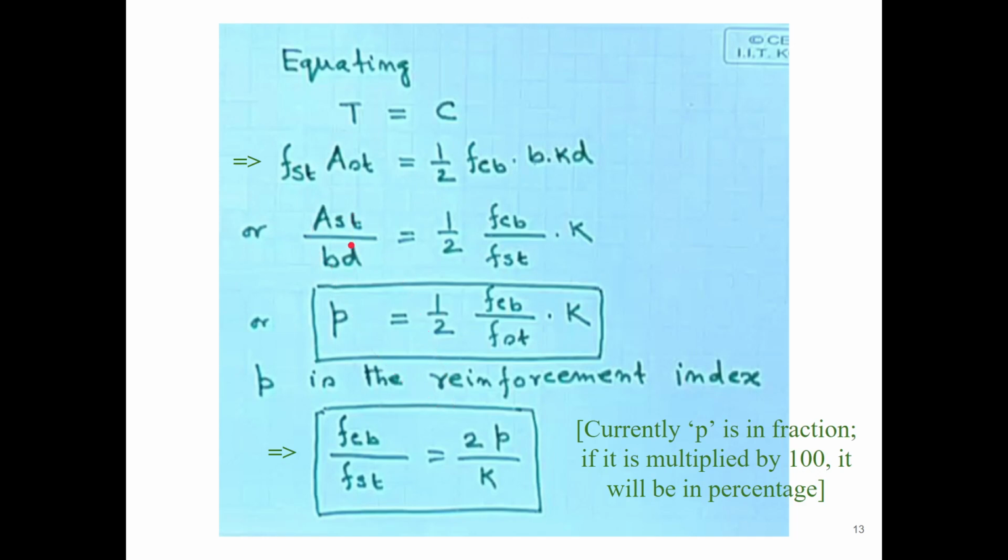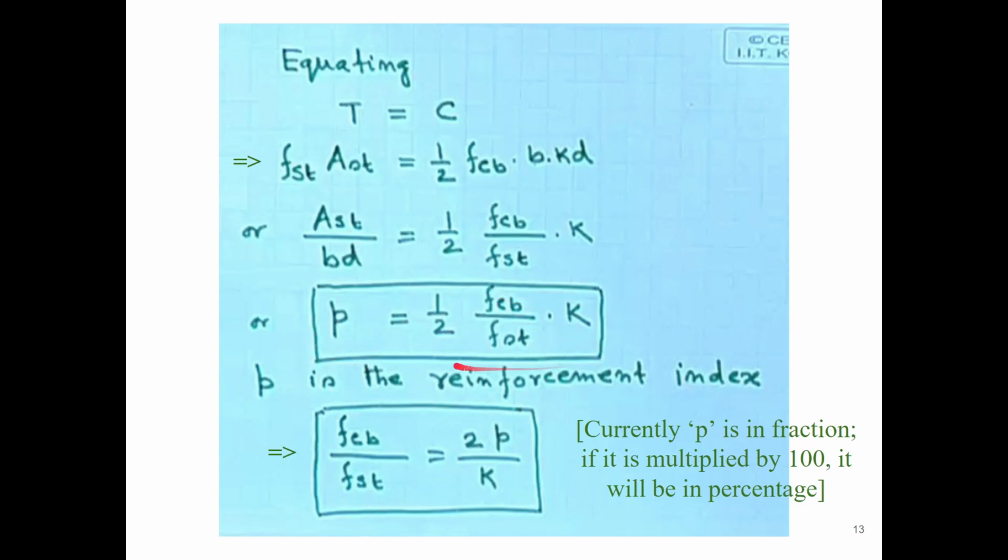We designate this fraction as p. We will see this in coming classes, where they use this p value for designing and solving problems. The IS code also has this p value. So p is Ast by bd into 100, but currently it is in fraction. So p is in fraction, and this is equal to half fck by fst into k.